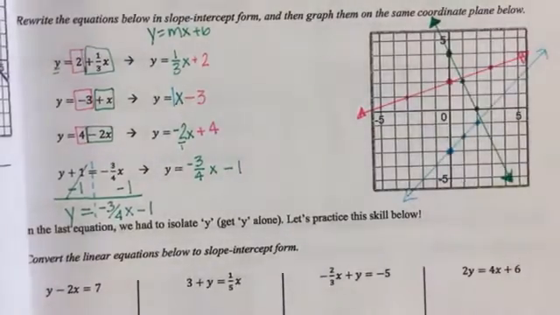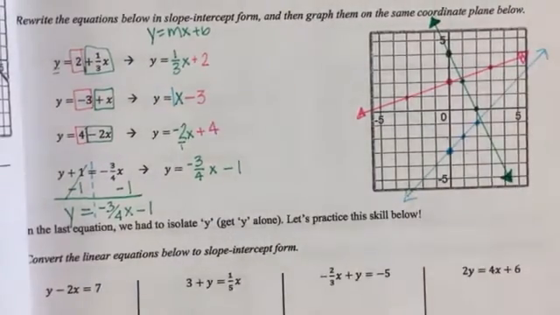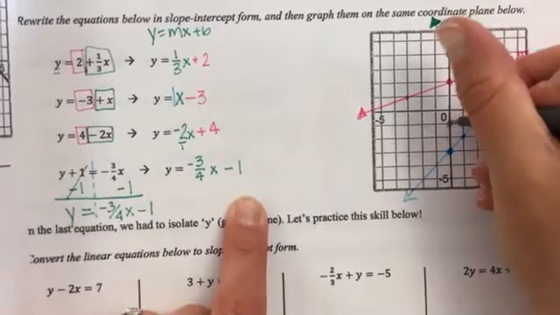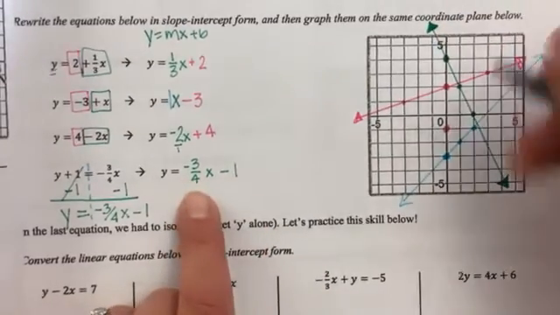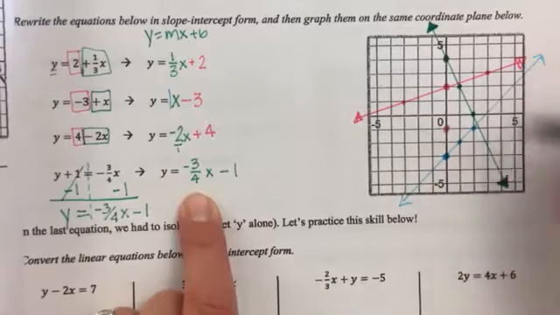Okay. My last one starts at negative 1. And it goes down 3, right 4. 1, 2, 3, 1, 2, 3.